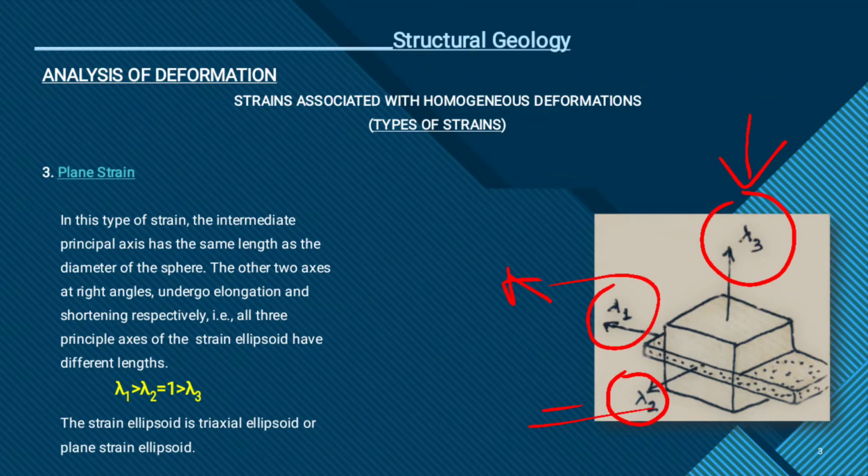So lambda 1 is greater than lambda 2, which is greater than lambda 3. Okay. This is a triaxial ellipsoid, or plane strain ellipsoid.